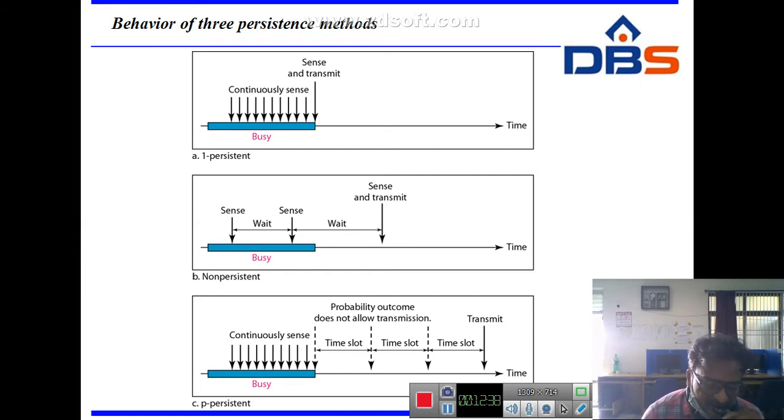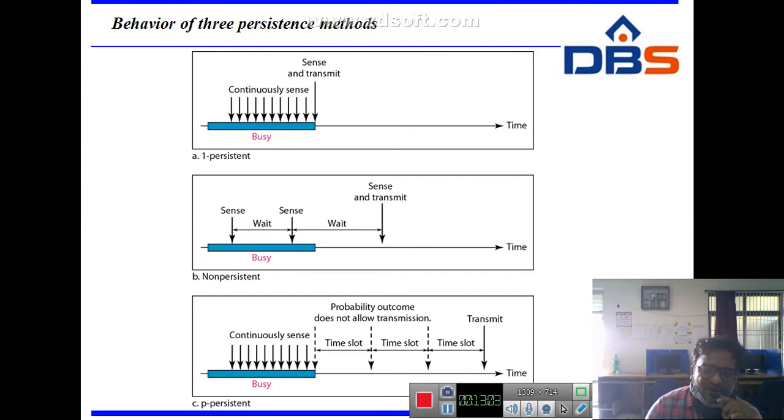In this method, a station that has a frame to send senses the channel. If the line is idle, it sends immediately. If the line is not idle, it waits a random amount of time and then senses the line again.